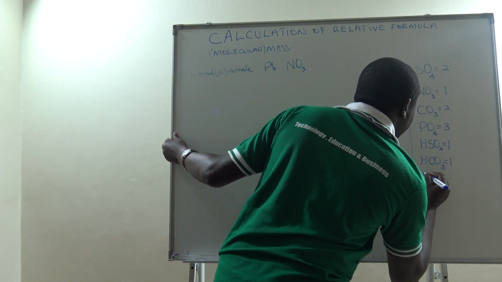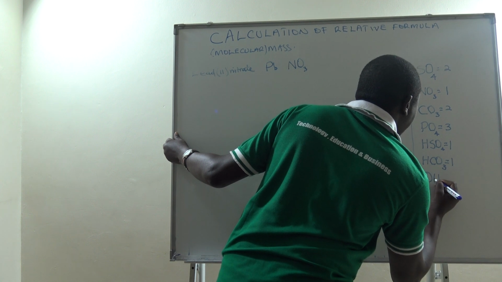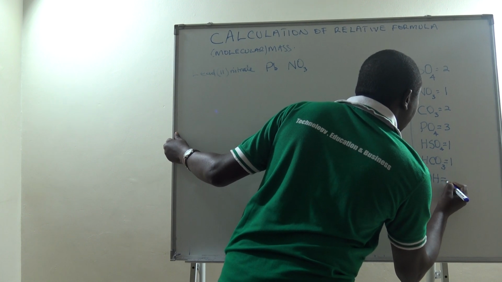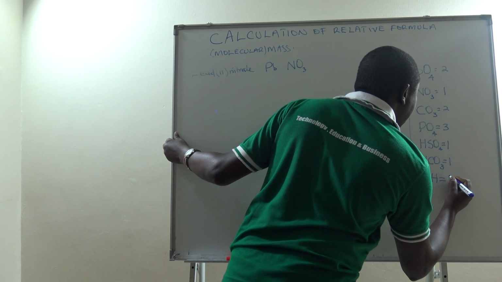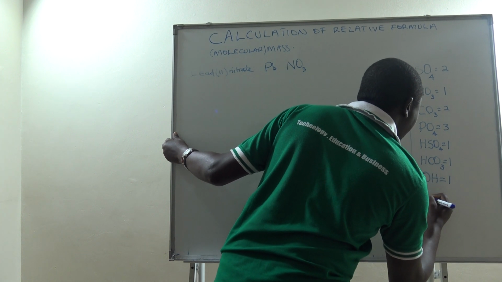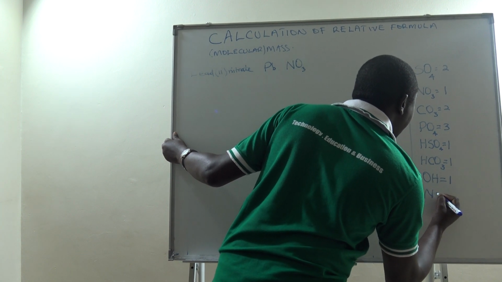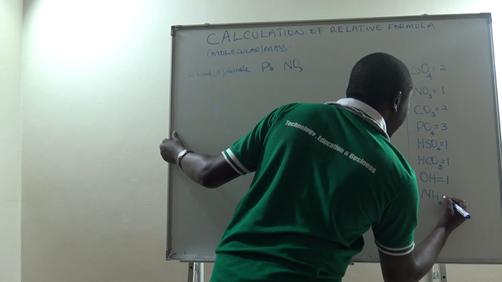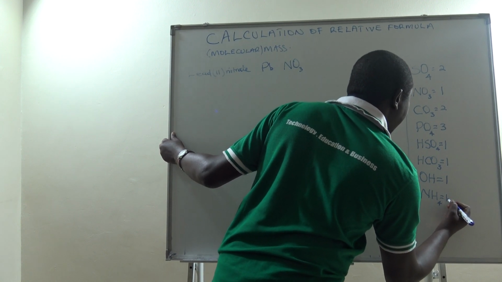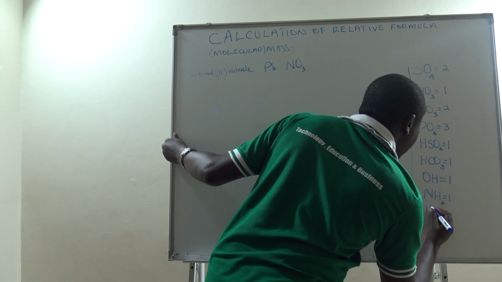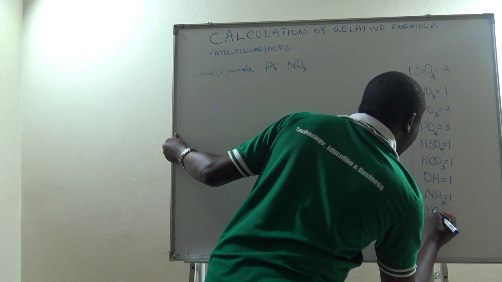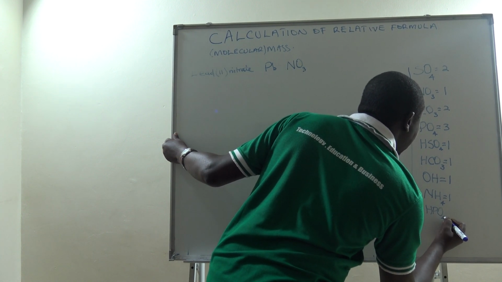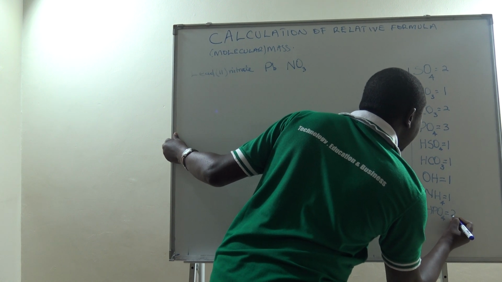There is an important one which is always very common, the hydroxide radical. This one also has a valency of 1. We have the ammonium radical, NH4, whose valency is also 1. We have hydrogen phosphate, whose valency is 2.